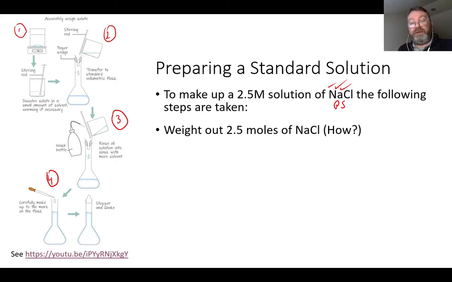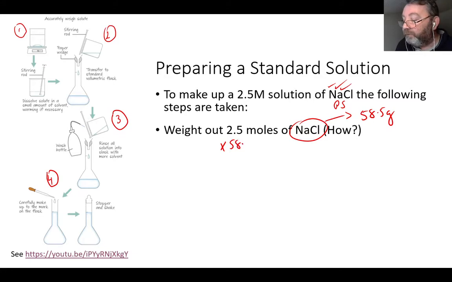So therefore, the mass of NaCl is 58.5 grams. So if I want 2.5 moles, I'm going to multiply 58.5 grams by the 2.5 to tell me that I have to weigh out 146.25 grams.